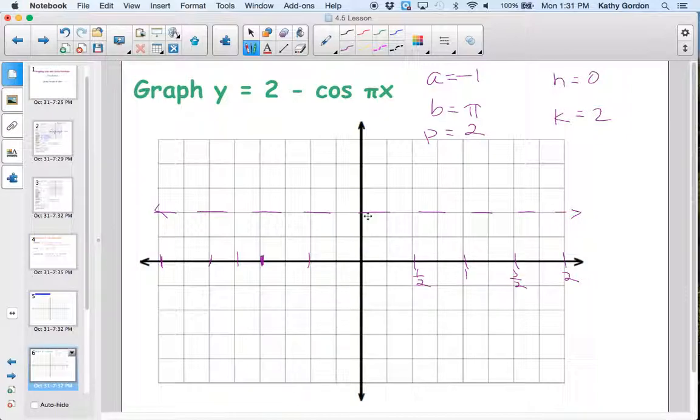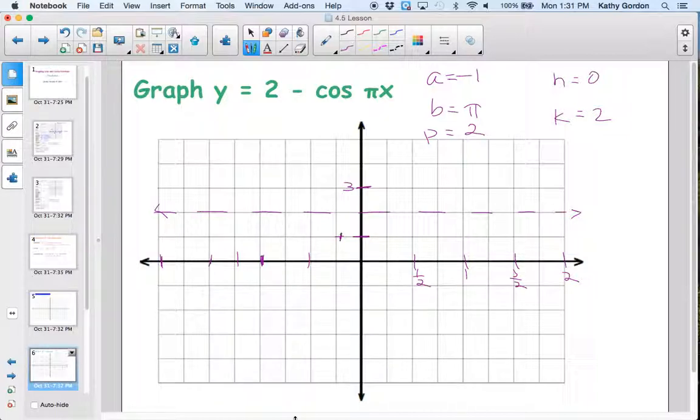-1 means that from this new axis, my cosine is going to go down 1, or up 1. But it's from the sinusoidal axis, not from the x-axis anymore. When we do our pattern, the zeros are zeros on the sinusoidal axis.